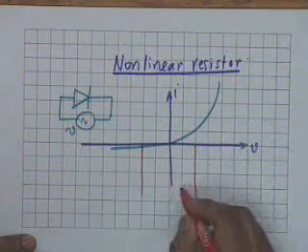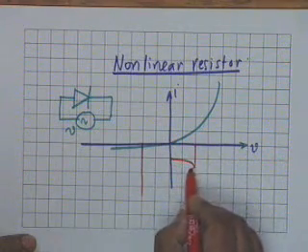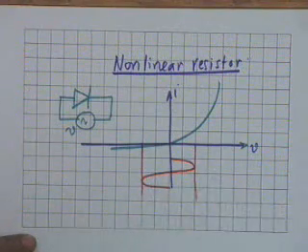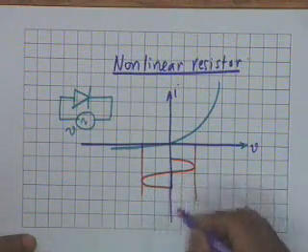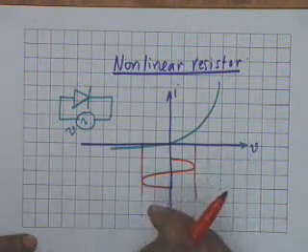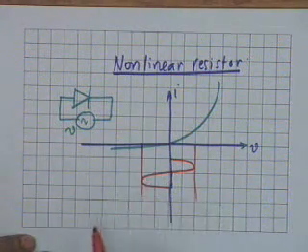Suppose the voltage varies like this. This is sinusoidal. Ignore this slight deviation from sinusoidalness.